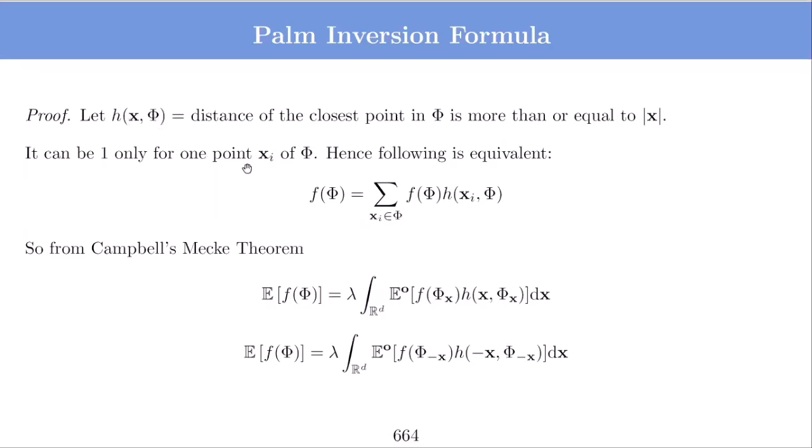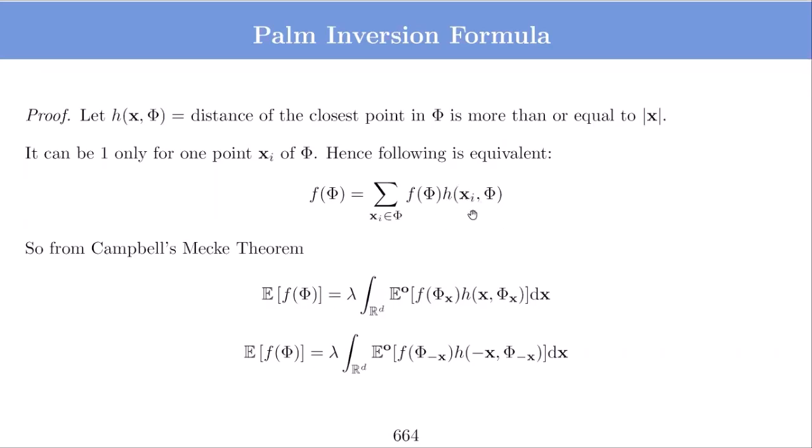So this means that f(phi) is equal to the summation of f(phi) times h(xi, phi) over all points, right? Note that we are doing it over all points, but h(xi, phi) basically tells if there is no point of phi which is closer than xi. So there is no point in phi which is closer to the origin than xi.